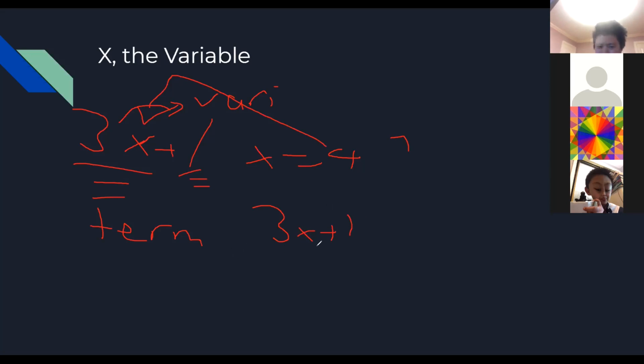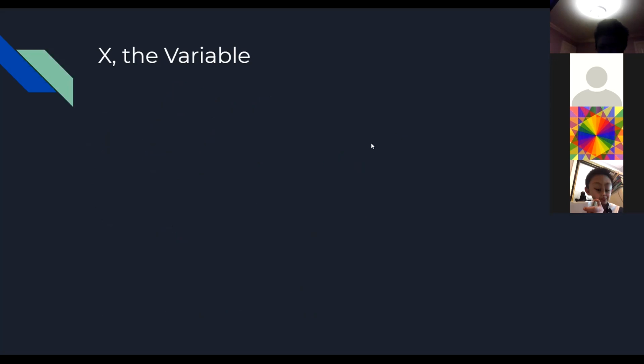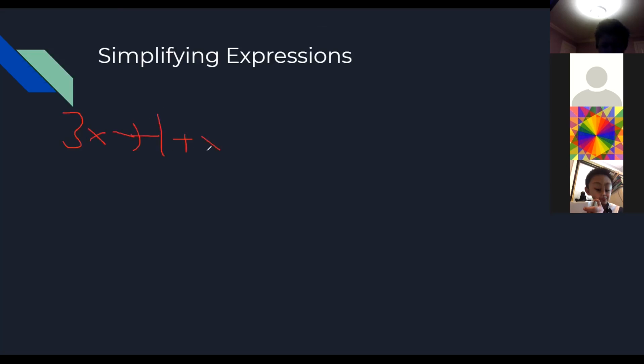So if we were to substitute this into 3x plus 1, we would get 3 times 4 plus 1, and that would equal 13. So now we have to go on to simplifying expressions. So if we had, say, an expression such as 3x plus 1 plus x squared plus 5x times 3x.